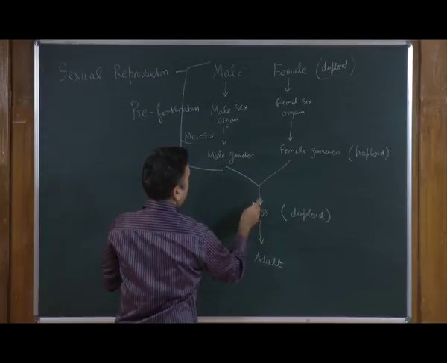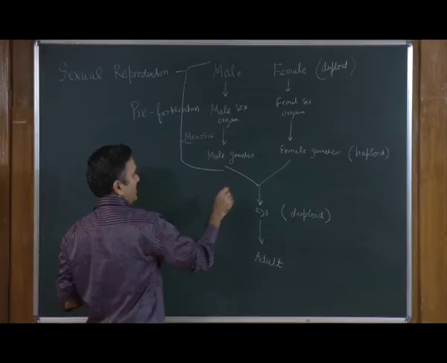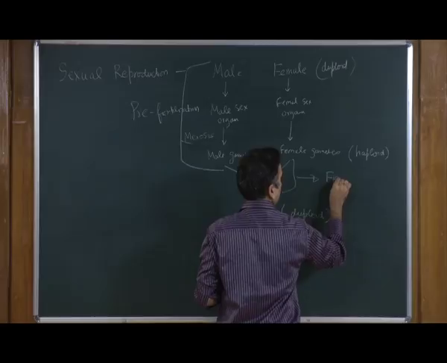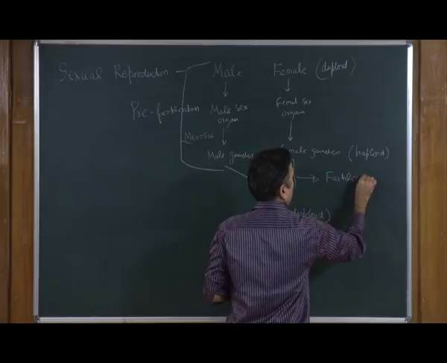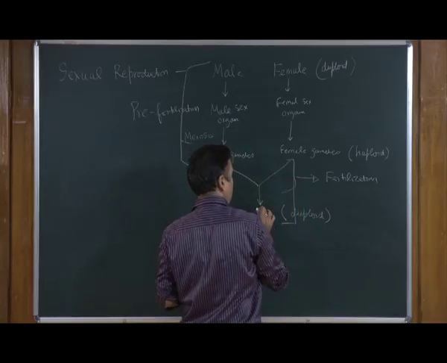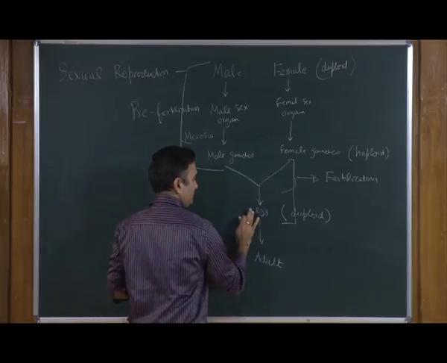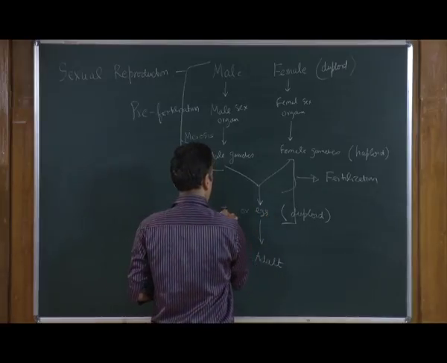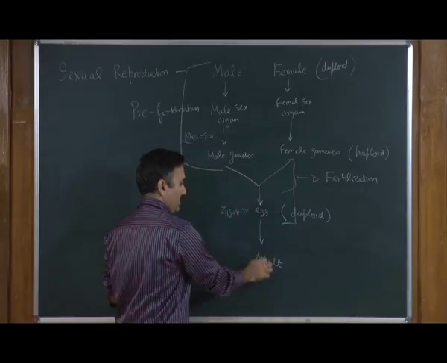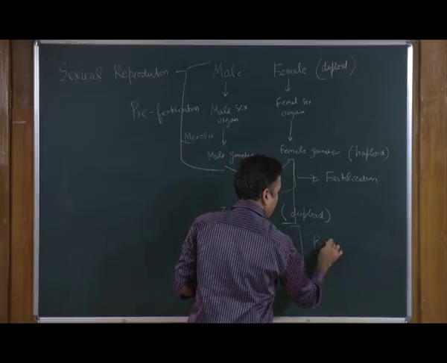Then you have the fusion of the male and female gametes, and this stage is known as the fertilization stage. Once after the fertilization, what are you going to get? You are going to have the initial egg, or the zygote, and from the zygote you develop the adult individual, and that is the post-fertilization stage.